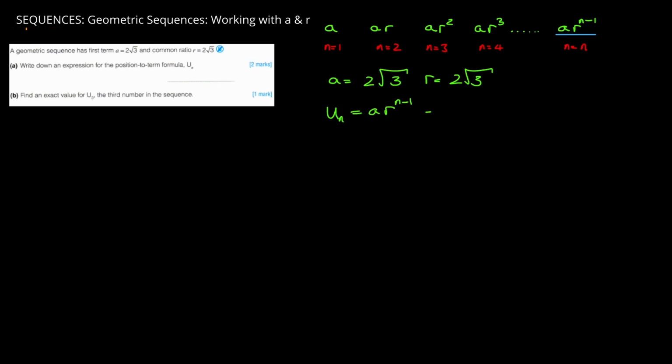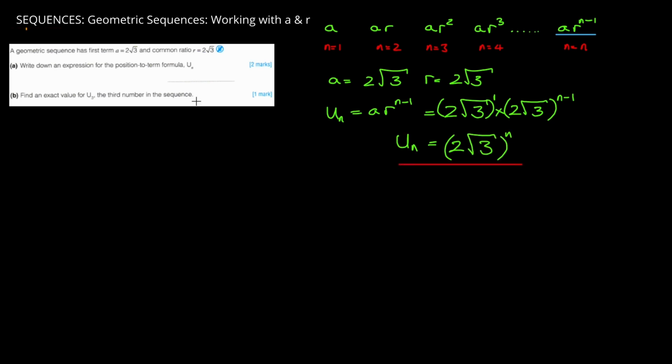So if we now substitute our values, this is equal to 2 root 3 multiplied by r raised to the power n minus 1. And because we've got the same formula here, because effectively this is raised to the power 1, we can simplify this to (2 root 3) raised to the power n. And that is your answer.